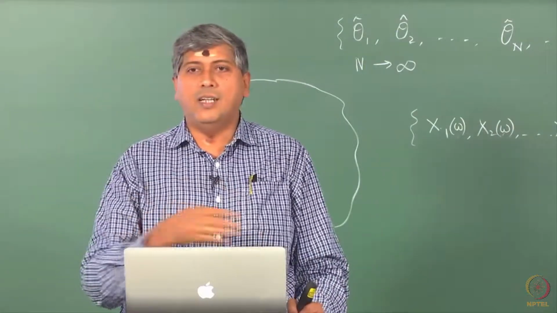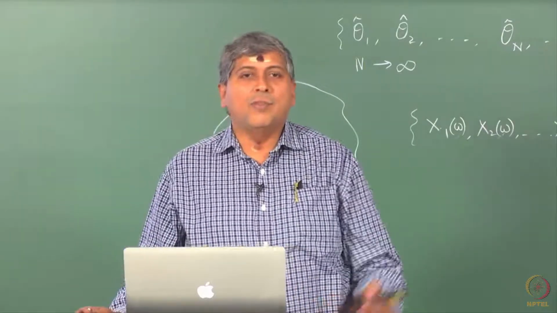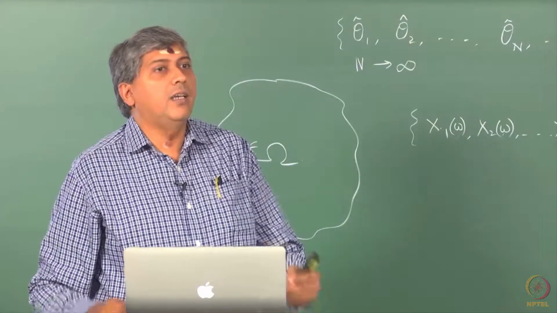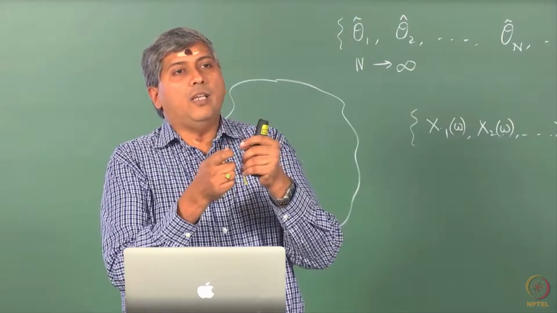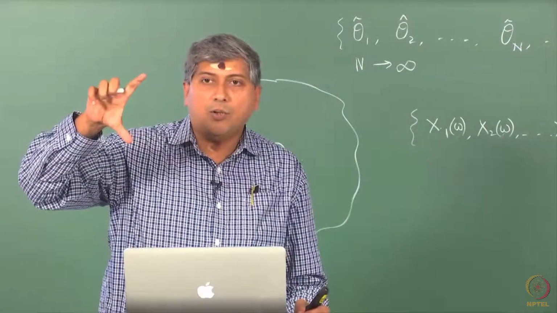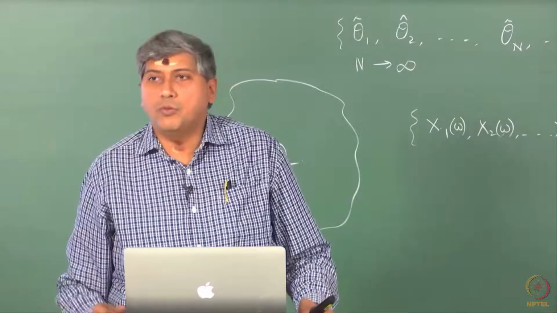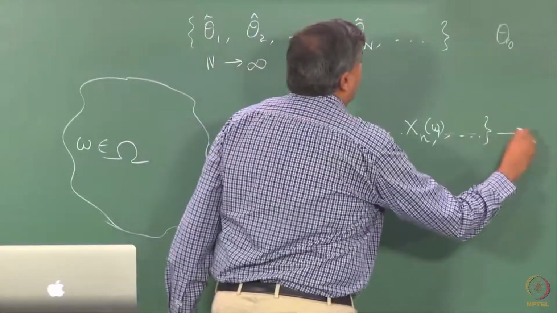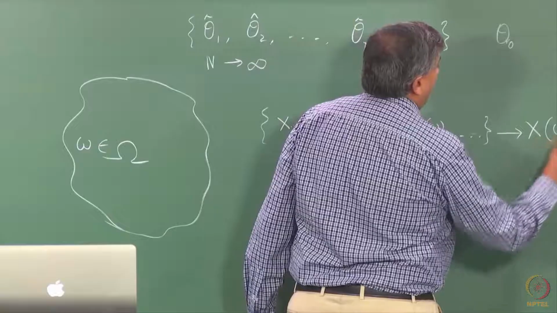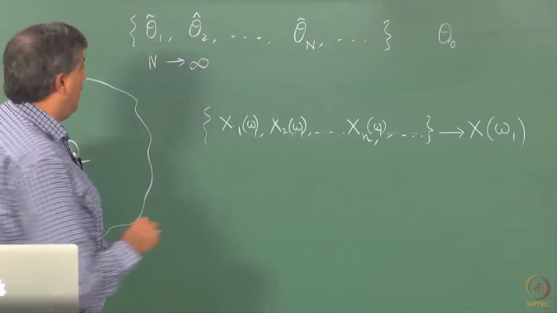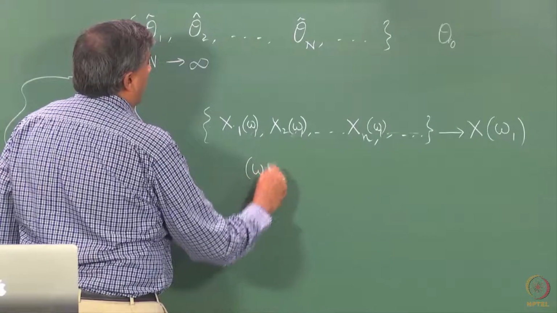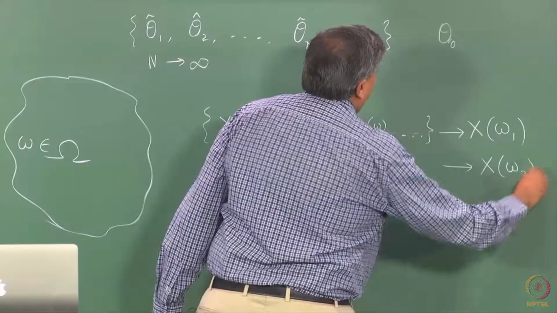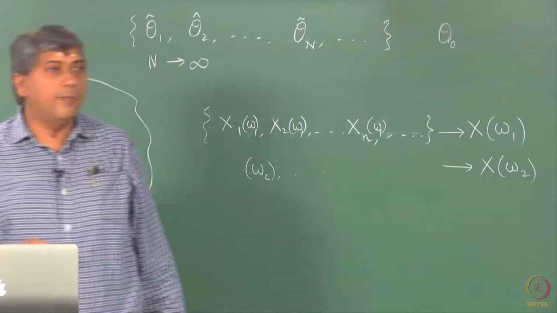If it diverges, then that is it, you can dismiss all forms of convergence. Provided that each sequence converges to a number, what point-wise convergence demands is that the collection of those converged values should be the possible values of a random variable. If omega 1 is one realization, it converges to some value x of omega 1, and likewise for another realization, it converges to x of omega 2, and so on.